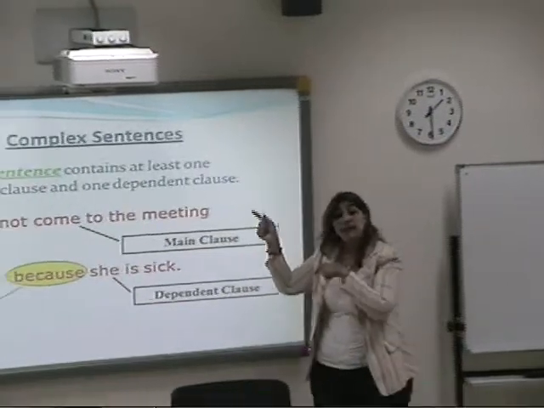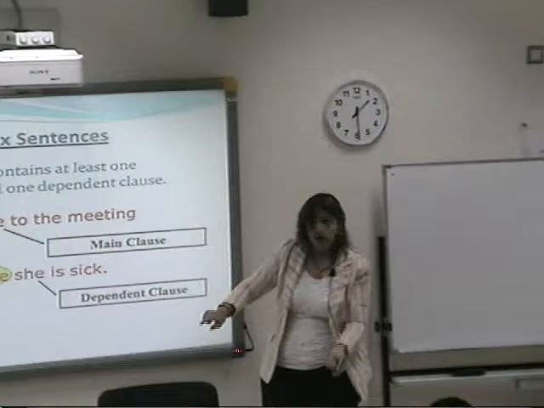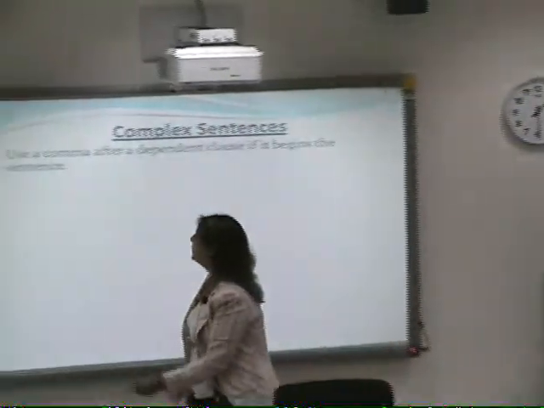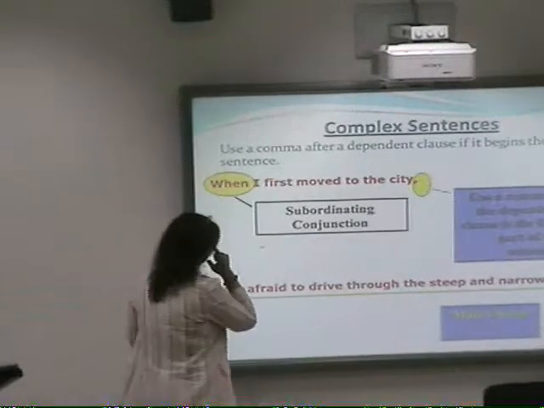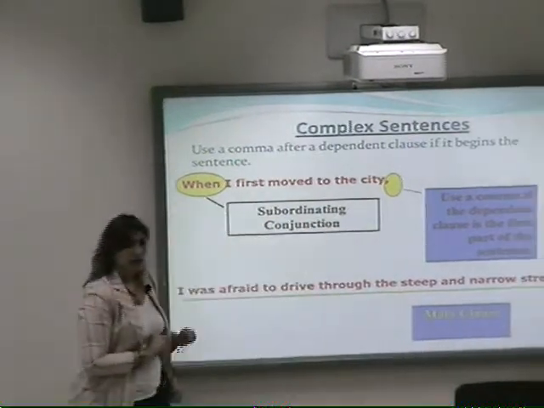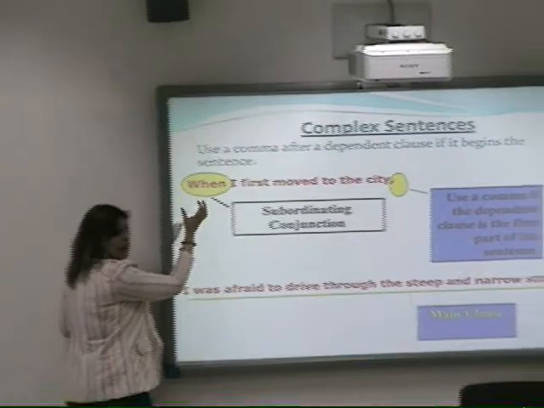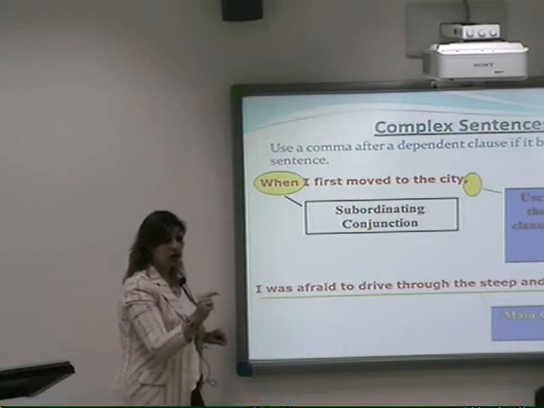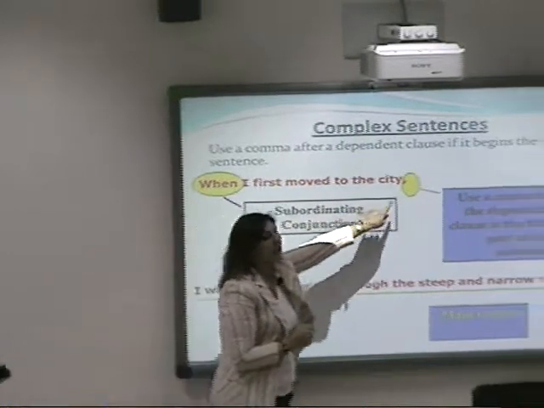One independent and the other dependent. Like this example also. When I first moved to the city, see, we started with when, which is a subordinating conjunction. That's why we need to put a comma here.